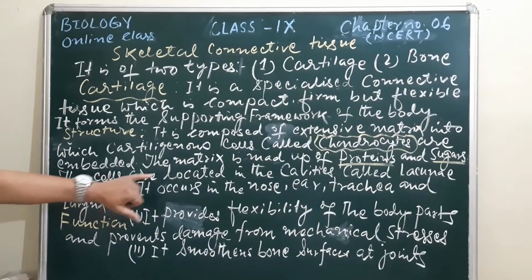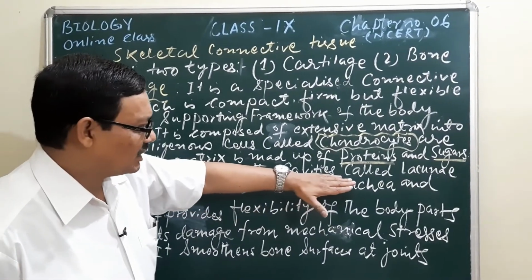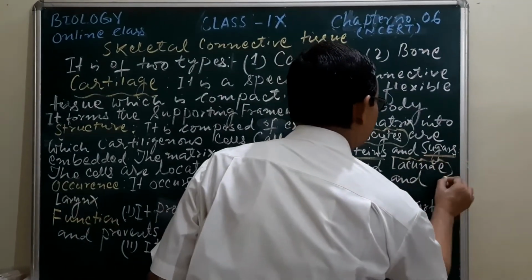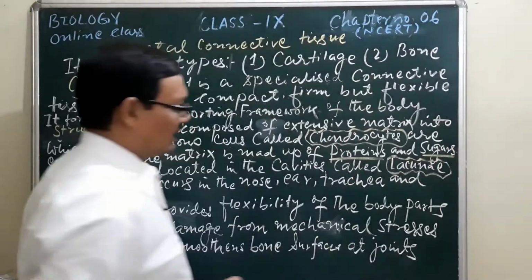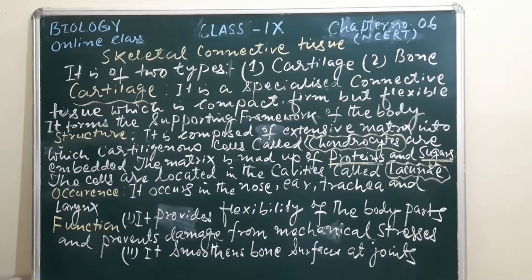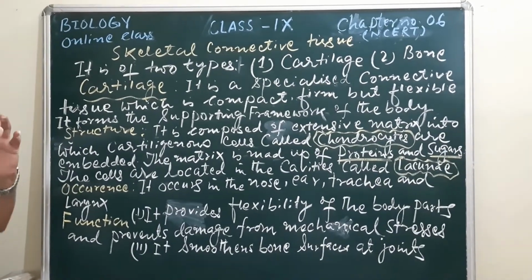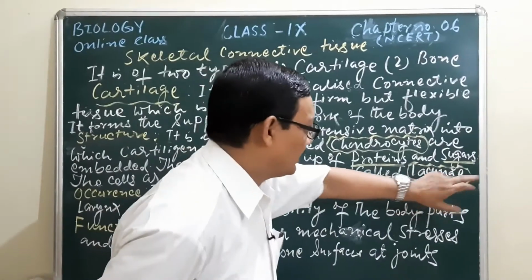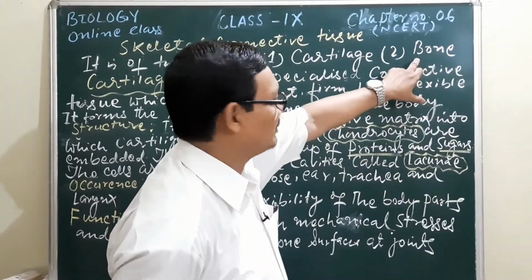The cells are located in cavities called lacunae. Here is one special feature: each cell is located in a separate cavity, that is known as lacunae. It is also present in the case of the bone.